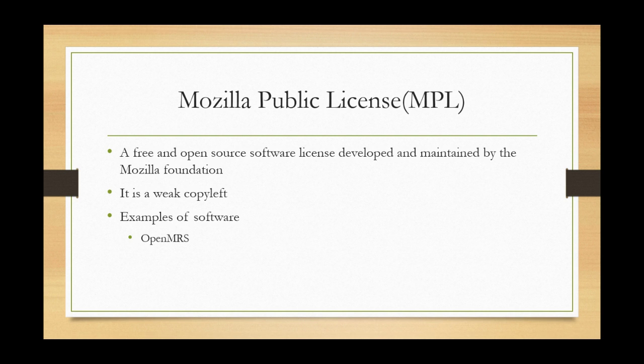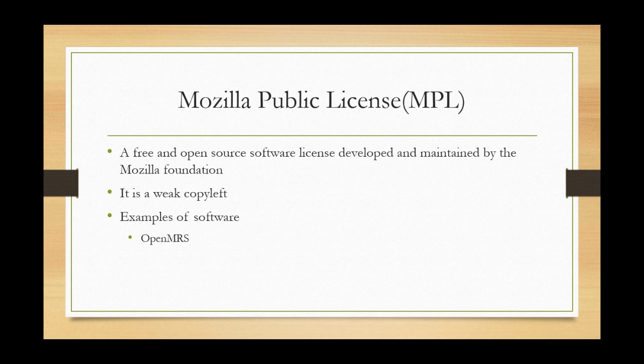In fact, this uses a weak copyleft license. That means it is not much restrictive, and it is characterized as a middle ground between permissive software license and GPL. So it is in between.